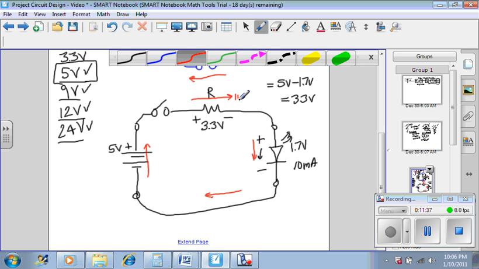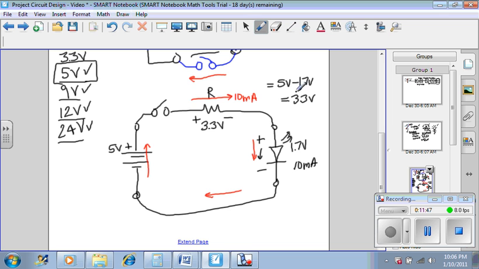Therefore, it will also be 10 milliamps going through this resistor. Now we have enough information to calculate the value of the resistor that will subtract the proper voltage and maintain the proper current in the circuit. So using a little bit of math, we get approximately 333 ohms.